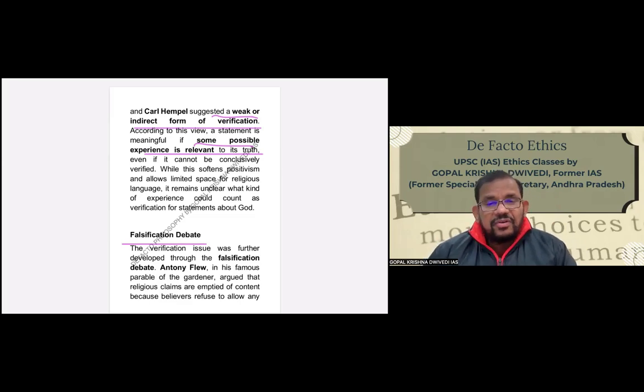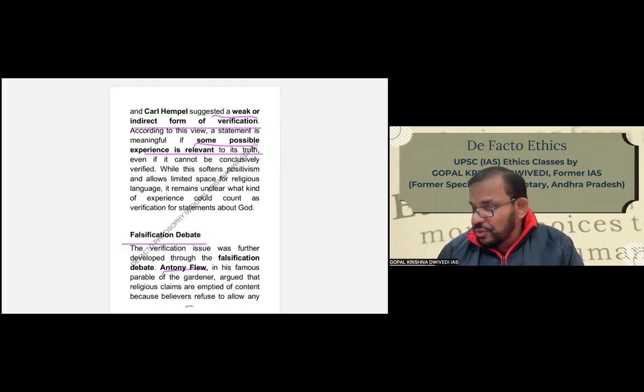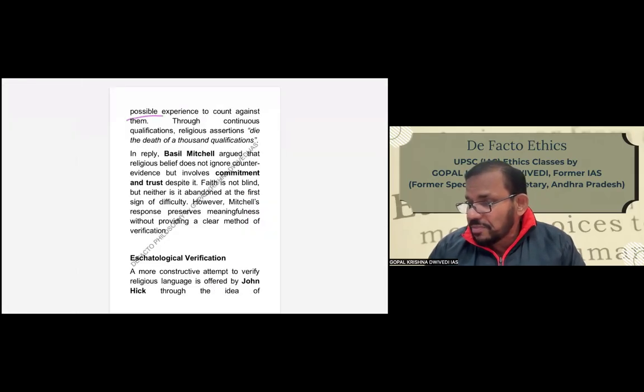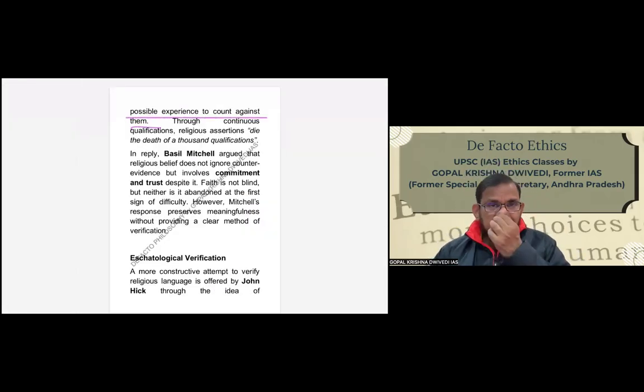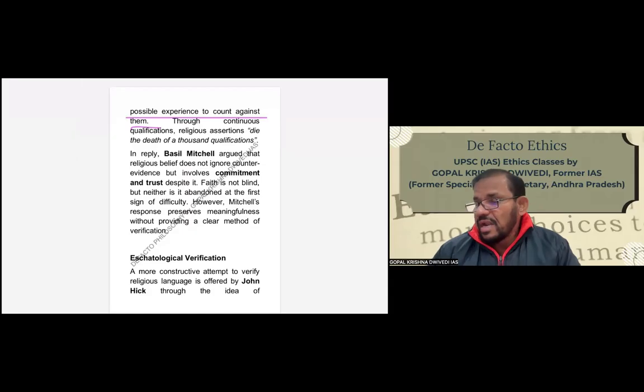Subsequent to the verification principle, Anthony Flew, another philosopher, came up with the parable of the gardener, and he claimed that actual religious believers refuse to allow any possible experience to count against them. They continuously keep on qualifying religious assertions, and therefore he made the statement that religious assertions die the death of a thousand qualifications.